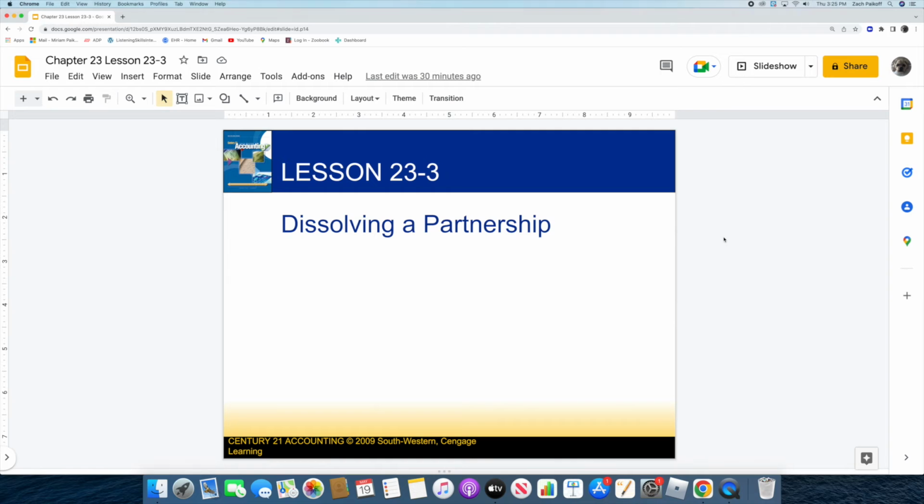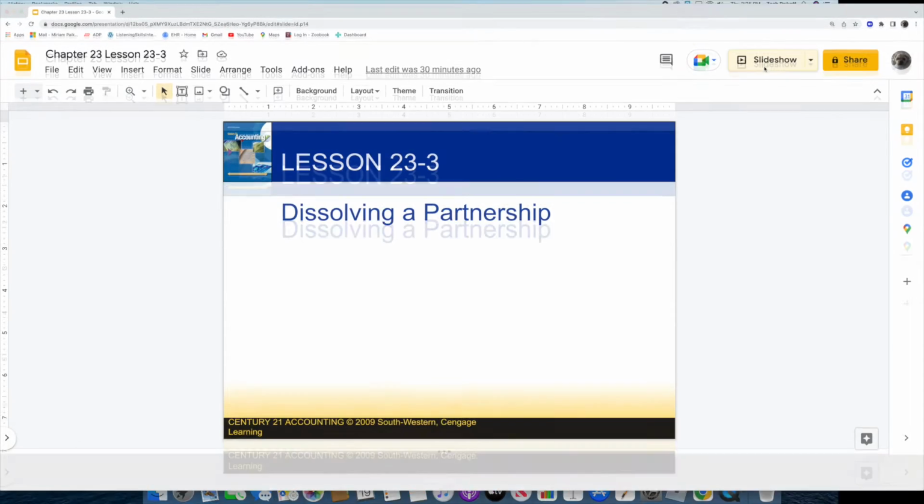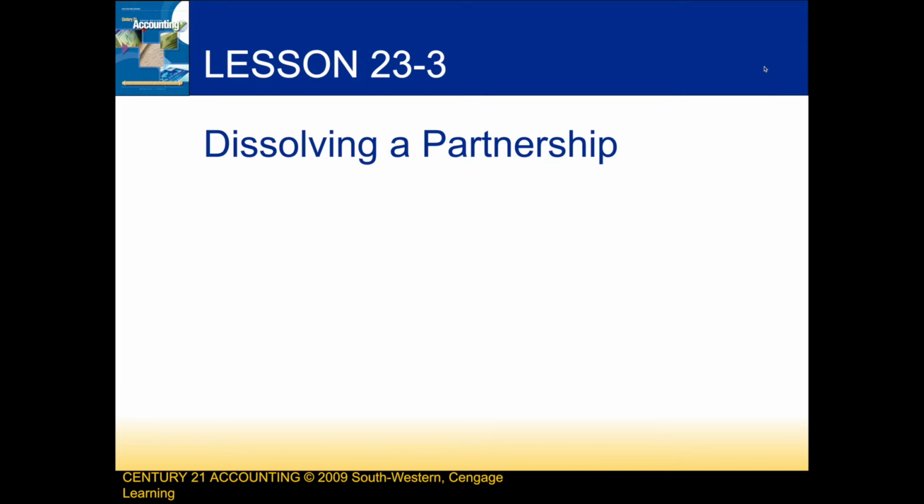Today, I will be going over the 23-3 text. So let's jump right into the video. As I had stated before, I'm going to be going over the 23-3 text, which is the third and final lesson in chapter 23.